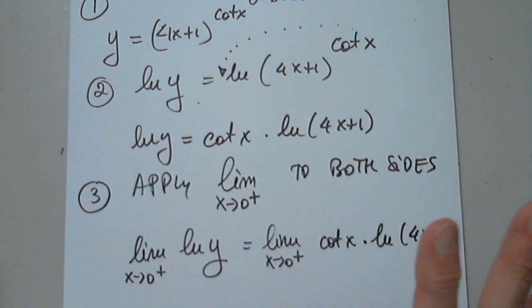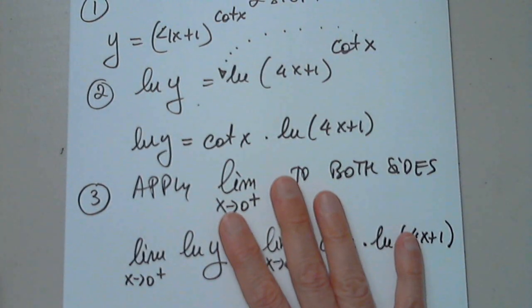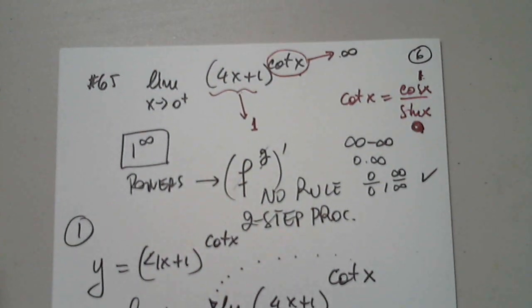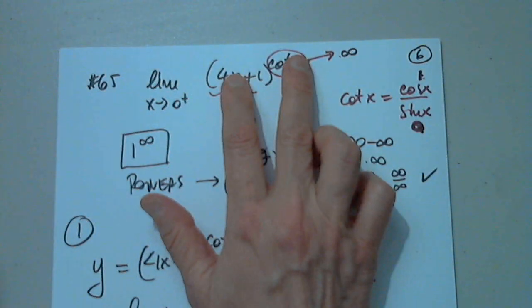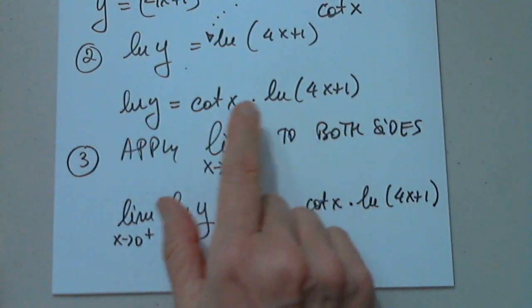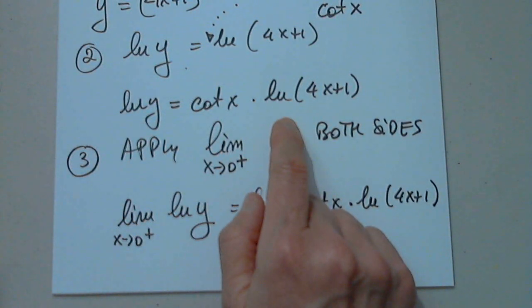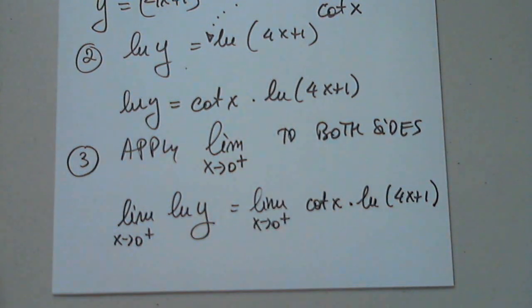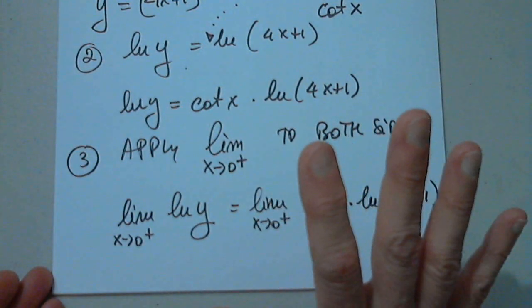And I know you're going to say, and before you say it, I'm going to be proactive. Yes, we are not asked to find the limit of the natural log of this. Then why am I applying limit to both sides? Because I shouldn't say there is no other way, but that's the easiest way. And you will see what happens next.